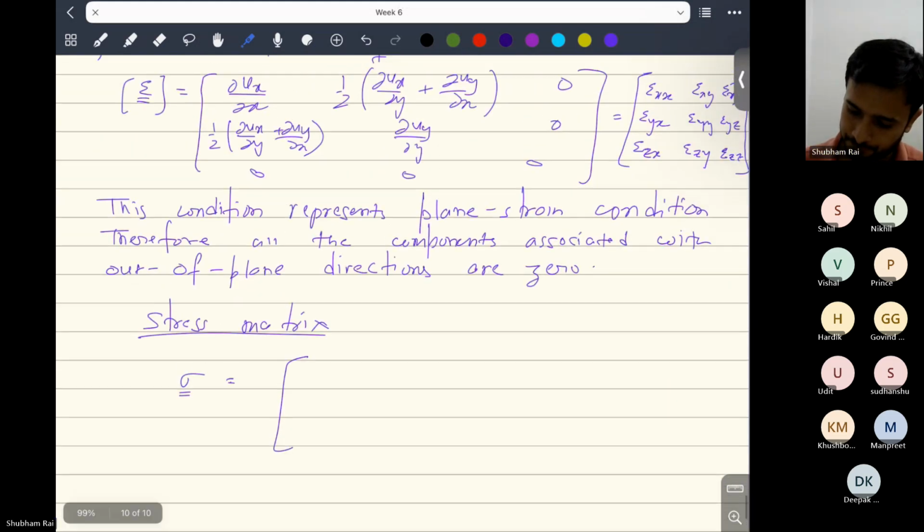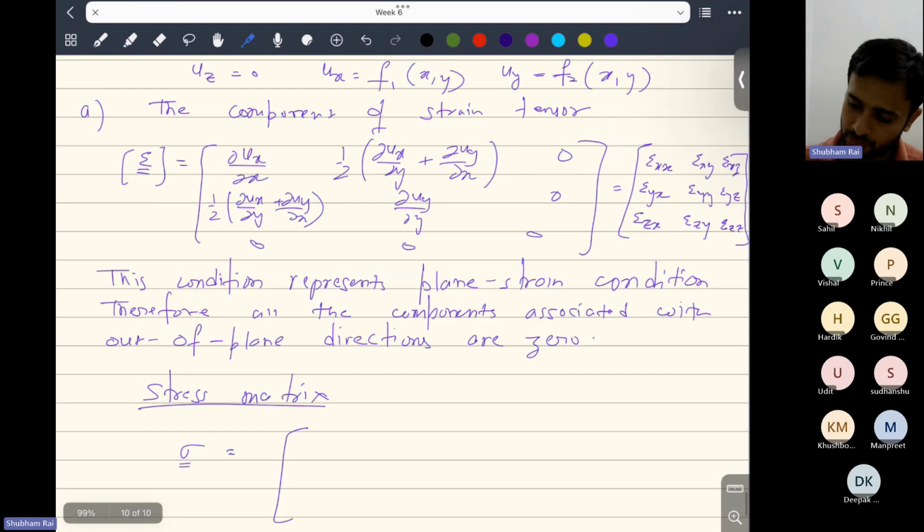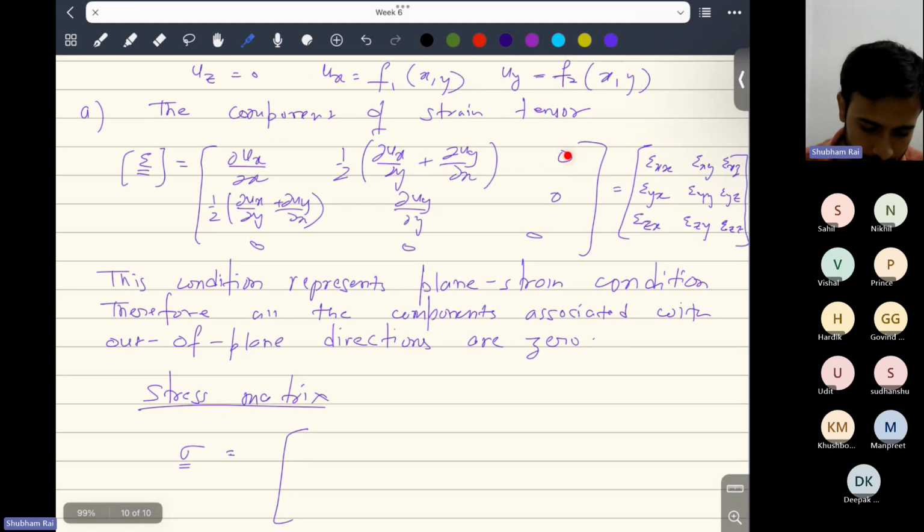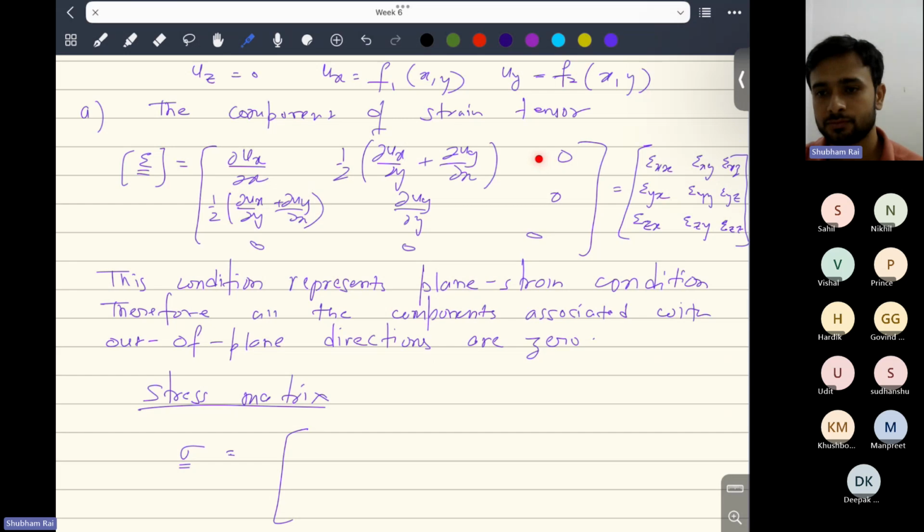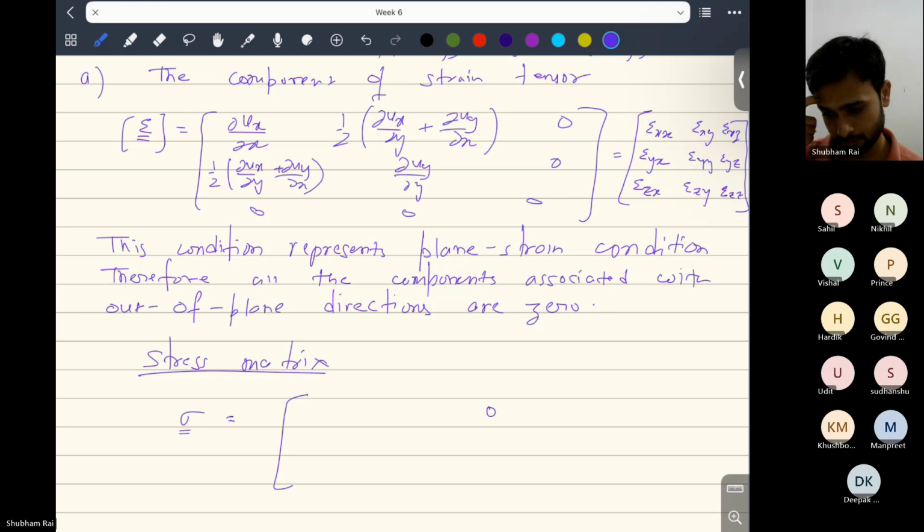Since this out of plane strain is zero, epsilon xz is zero, so gamma xz will also be zero. So tau xz is G times gamma xz, so this will also be zero. Here also there will be zero, and here the stress is zero.